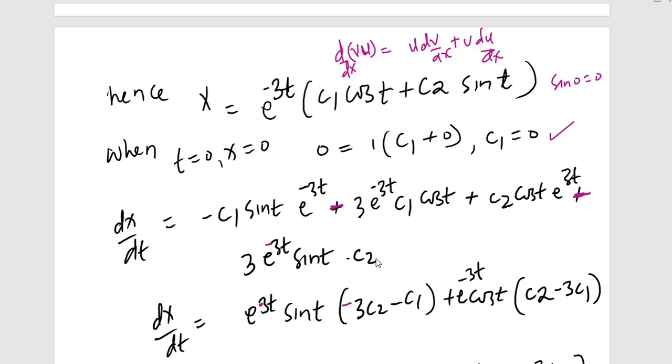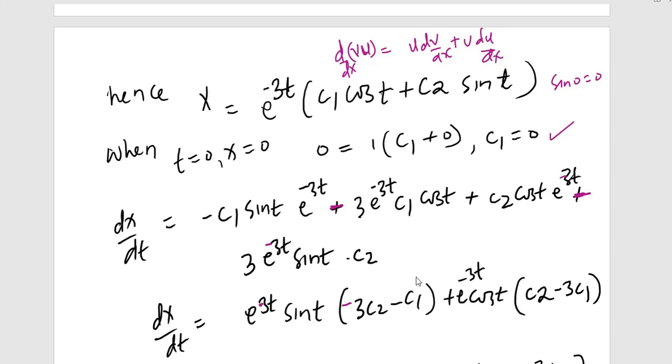If we use the product rule, we shall come up with negative c1 sin t e to the negative 3t, minus 3 e to the negative 3t c1 cos t, plus c2 cos t e to the negative 3t, minus 3 e to the negative 3t sin t times c2.